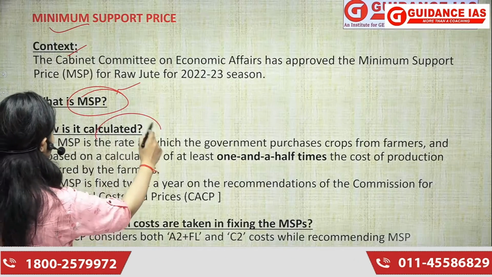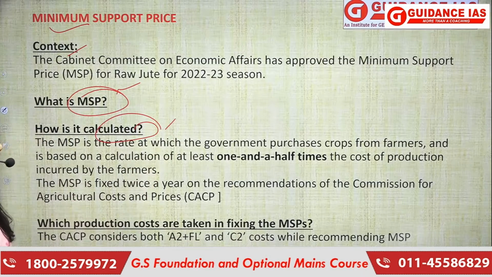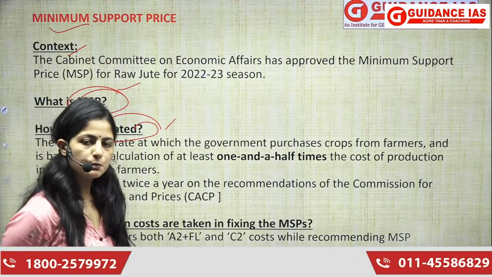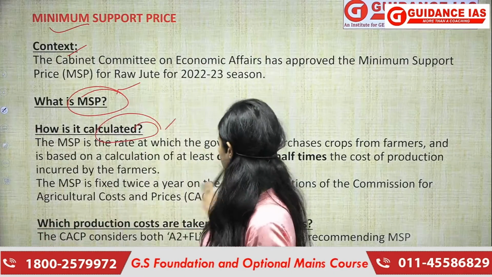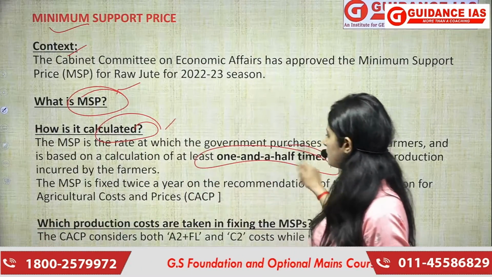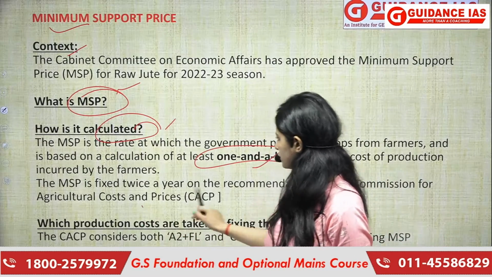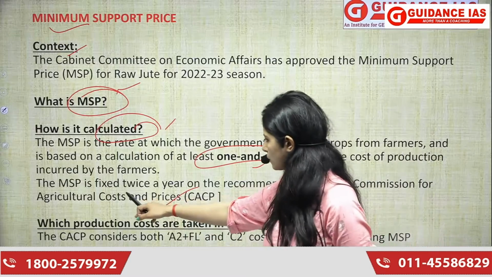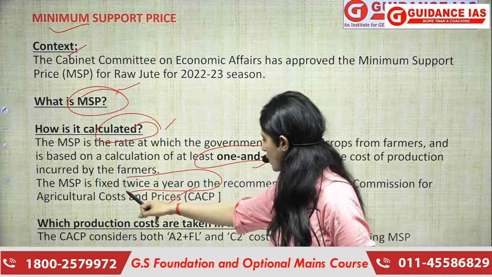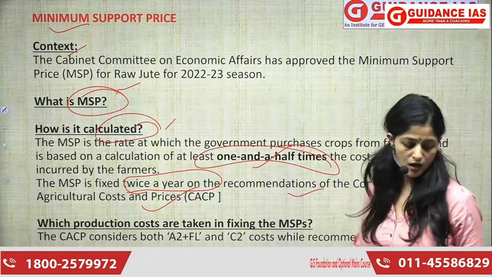And how is it calculated? It is basically calculated that whatever input the farmers have put in, 1.5 times extra our government has to give them. And if we talk about the MSP, which is fixed twice a year on the recommendation of which committee?